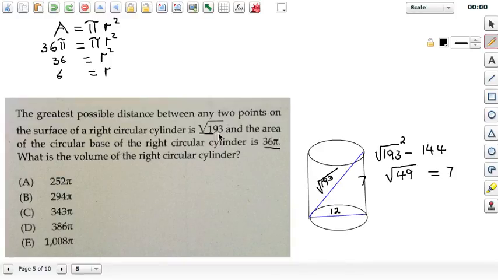So we have these two pieces of information. If you draw your right circular cylinder, sketch it out, the greatest distance is from this edge all the way to that edge, and that distance is square root of 193.